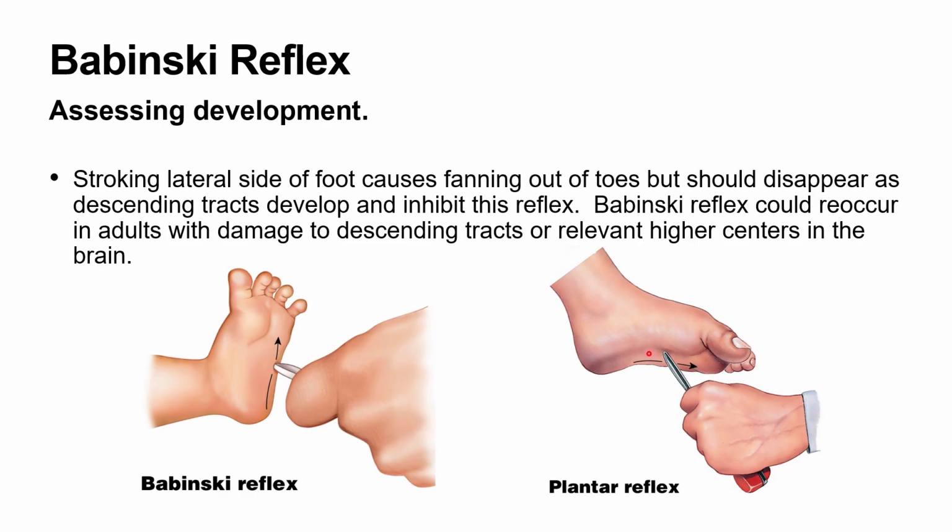Now, when we see an adult or any patient over the age of 1 and we do a proper Babinski reflex and they actually have the upgoing toe where their toes splay out, fan out, like we see right here, this is going to indicate to us with very, very high probability that this patient is suffering from some sort of injury, insult, or any type of problem to their nervous system.